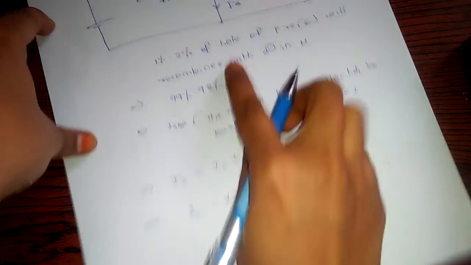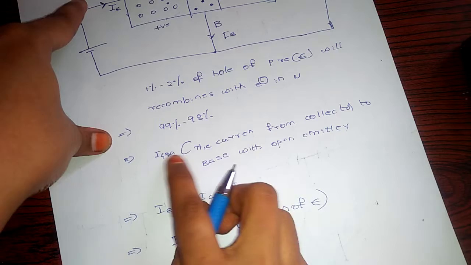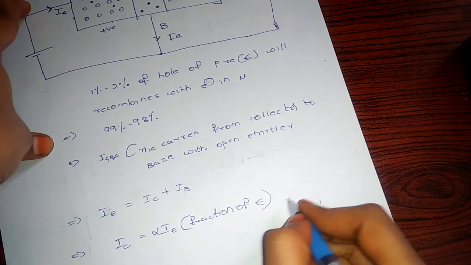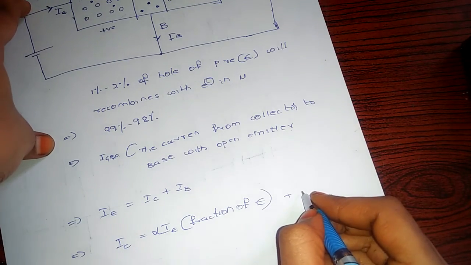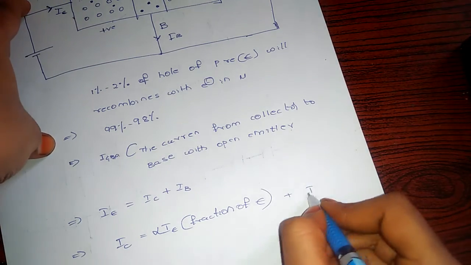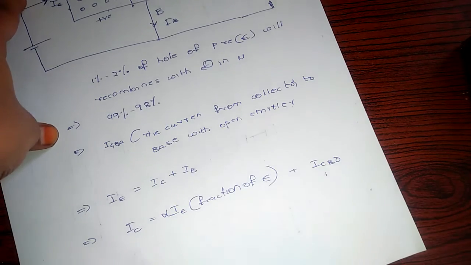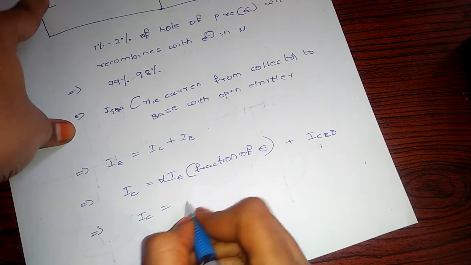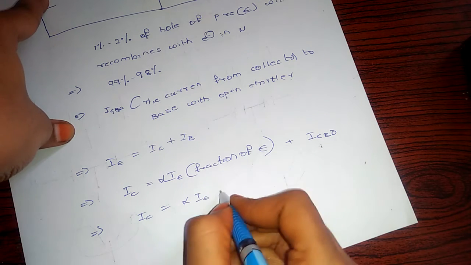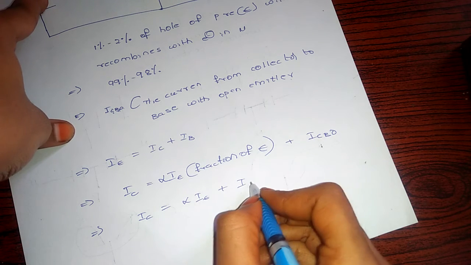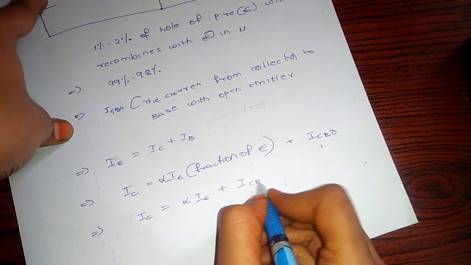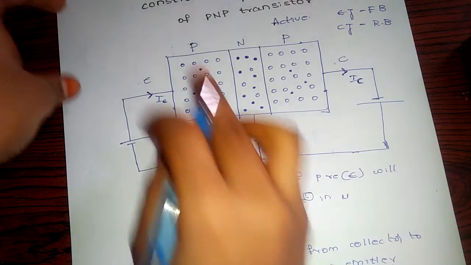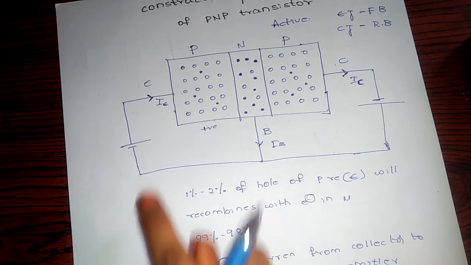What is that? Saturation current ICB0 from base to collector, by minority charge carriers. Finally, what is the IC current that is flowing in this transistor? A fraction of IE current plus the reverse saturation current ICB0.